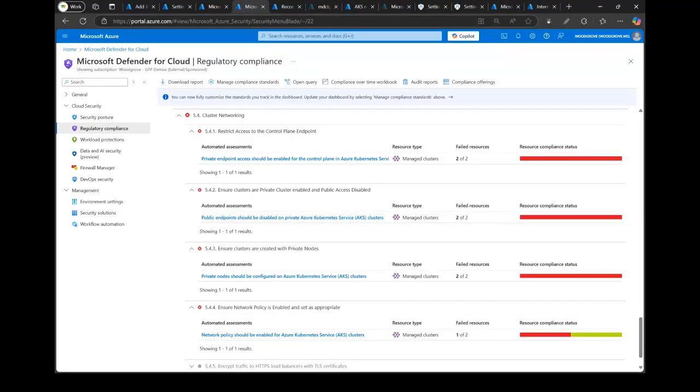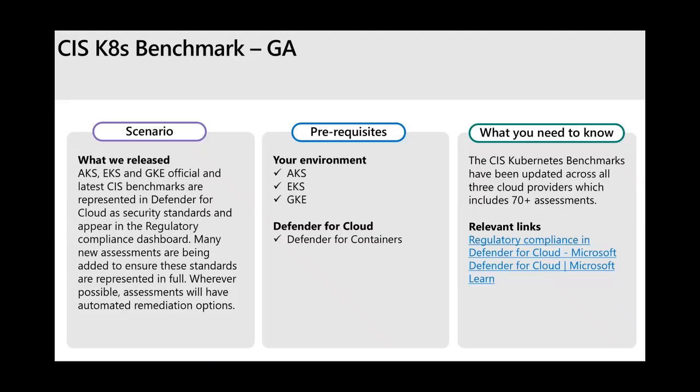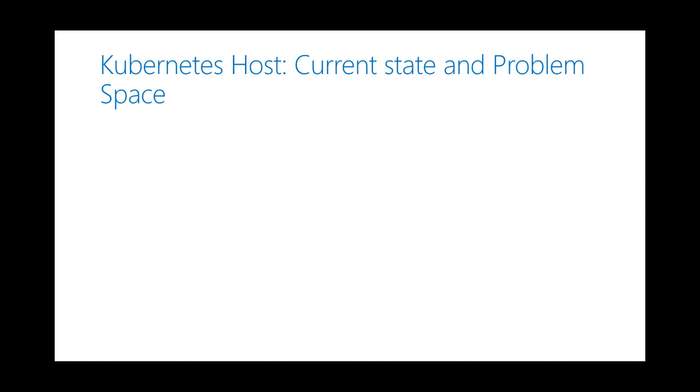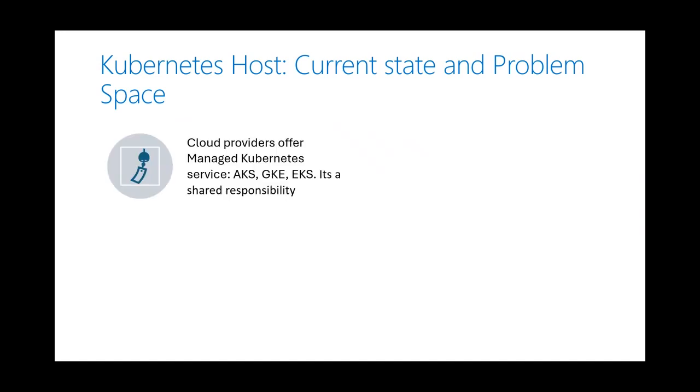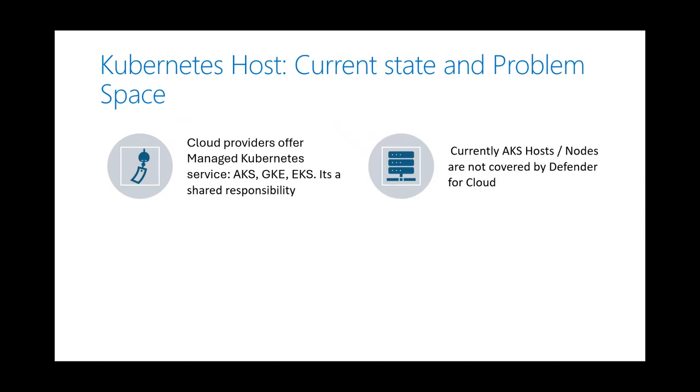Now, another thing that I want to discuss as part of cloud native posture is the Kubernetes host. Previously we saw the host scanning and the security dashboard, but let's take a closer look into that. We know that cloud providers offer managed Kubernetes services. We're familiar with AKS, GKE, and EKS, and we know that it is a shared responsibility.